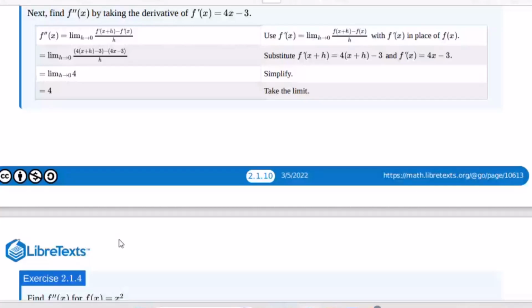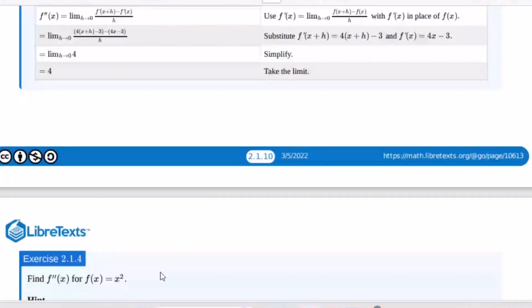Using that definition, please find the second derivative for f of x equals x squared. Let me give you, is 2 minutes enough? 2 or 3? 3. Okay, thank you.